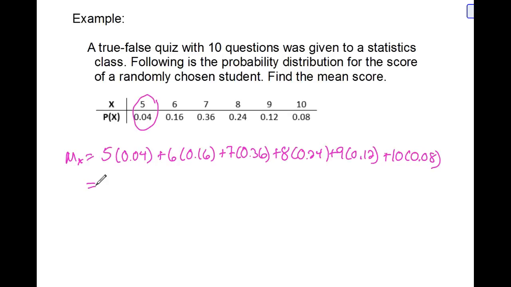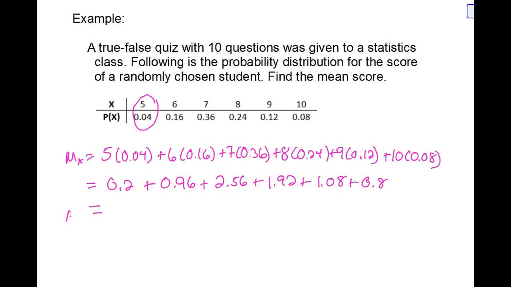So 5 times 0.04 is 0.2. 6 times 0.16 is 0.96. 7 times 0.36 is going to be 2.52. 8 times 0.24 is 1.92. 9 times 0.12 is 1.08. And 10 times 0.08 is going to be 0.8.